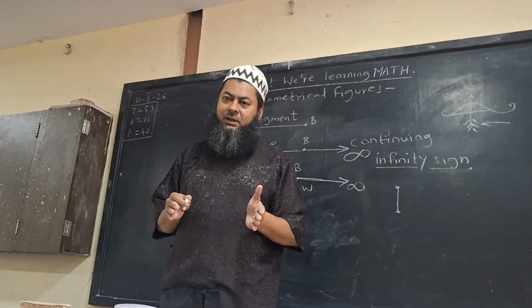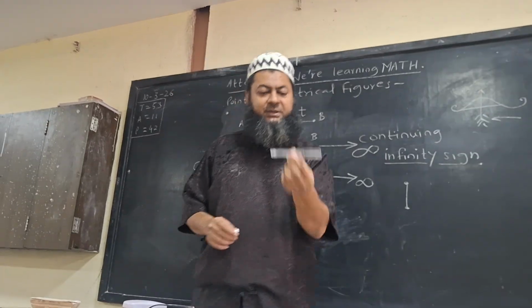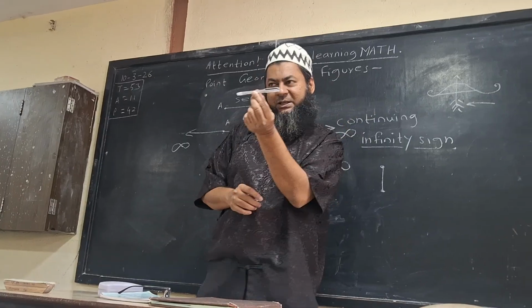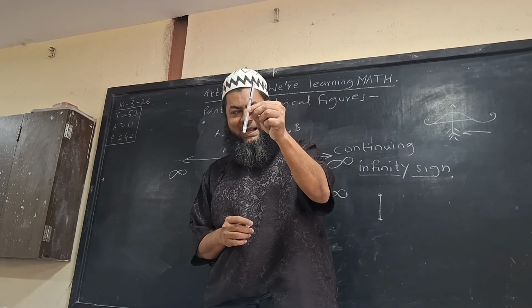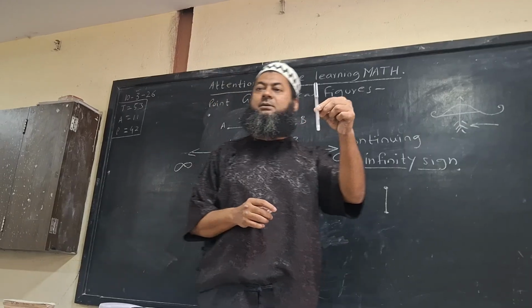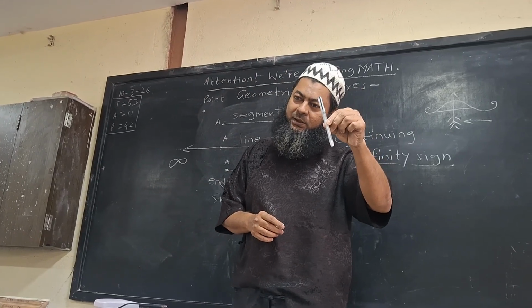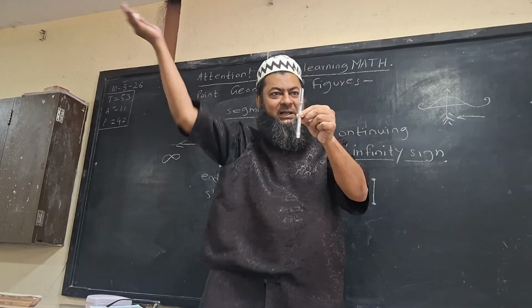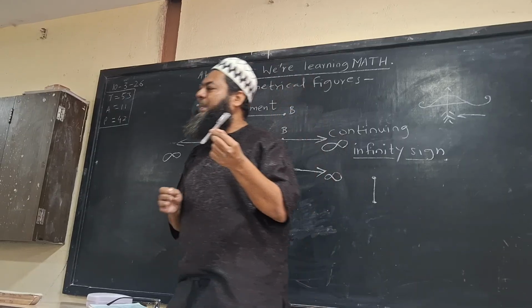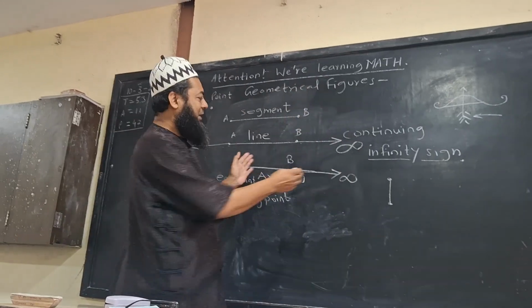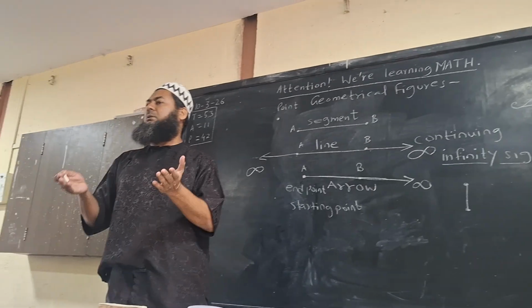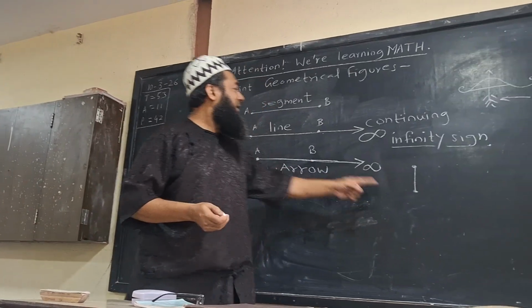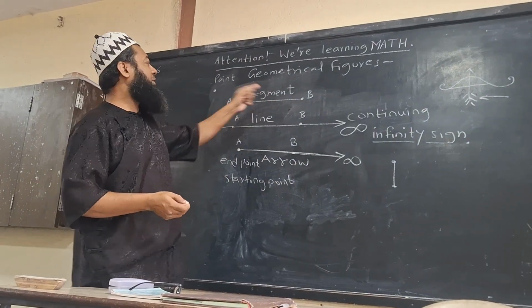If I take this pen and keep it this way, this is the pen. If I turn it to a standing position, it is a pen only. So here also I have just changed the position. Position is changed, but it has two endpoints, and a figure having two endpoints is called a segment.